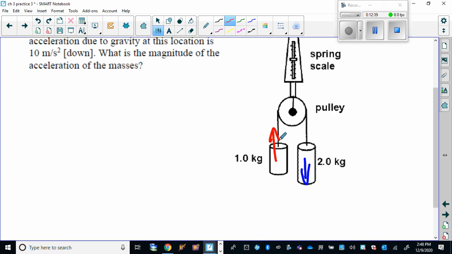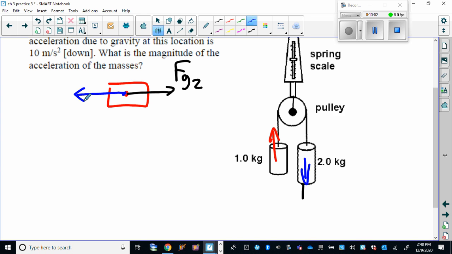And our free body diagram for Atwood's pulley problems is going to be one of them going this way, the 2 kilogram one, and it's going to be the force of gravity because gravity is pulling this one down. And gravity's pulling the other one down, but it's accelerating up.